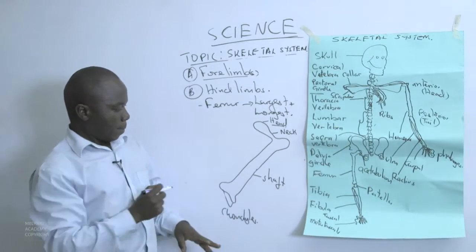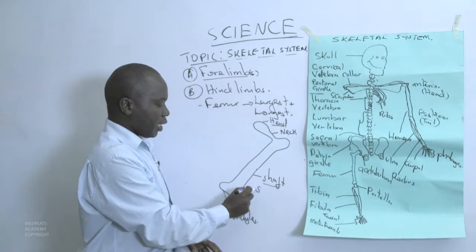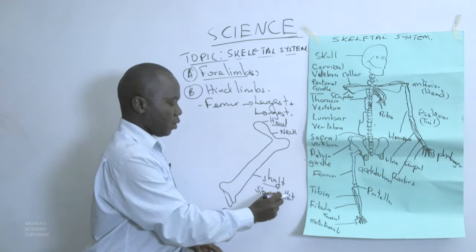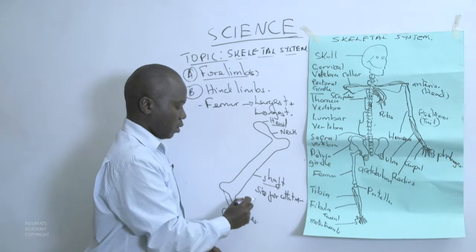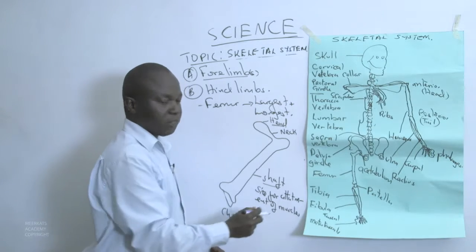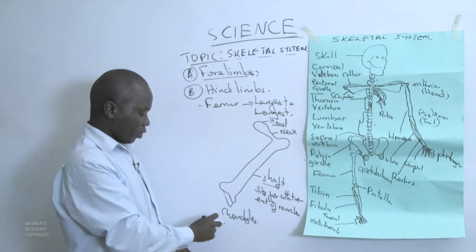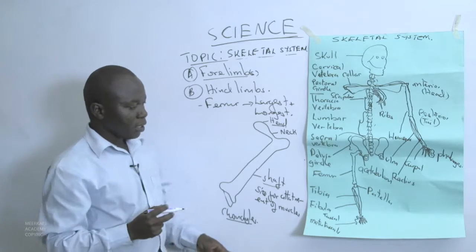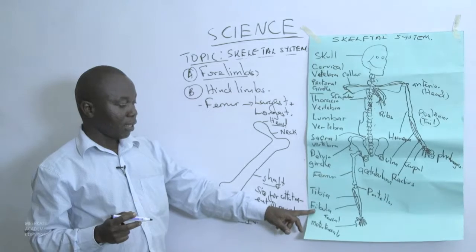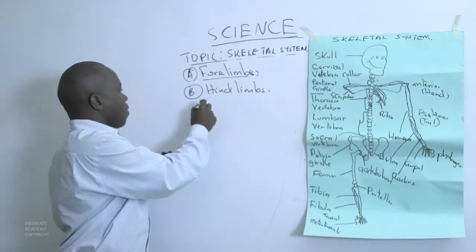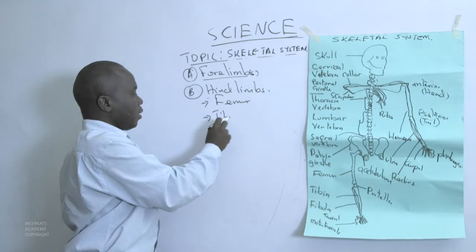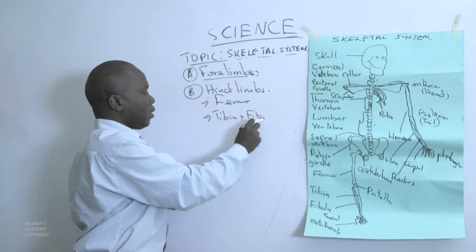And then the shaft is the site for attachment of muscles, specifically thigh muscles. Condyles form the articulating surface with tibia and fibula. So we have femur, we have tibia and fibula.